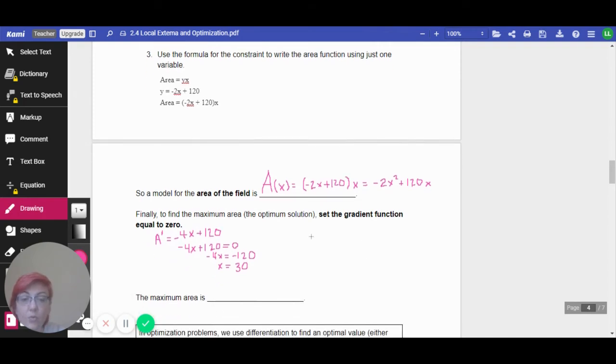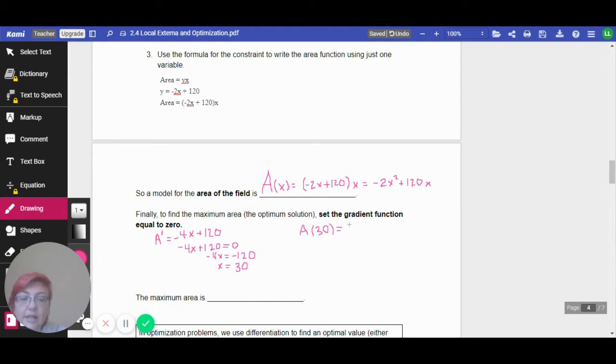All right, so A of 30 equals, so I'm going to start here with negative 2 times 30 squared plus 120 times 30.